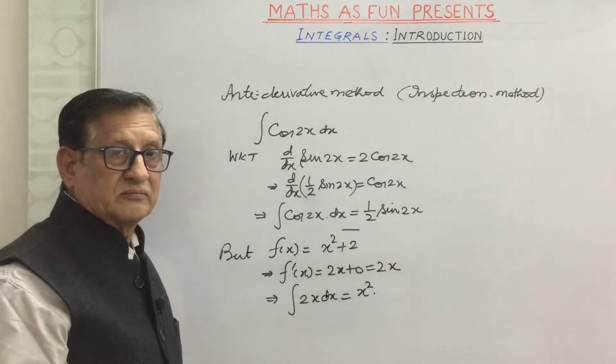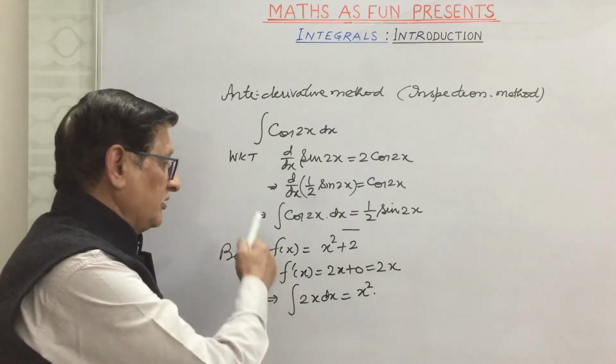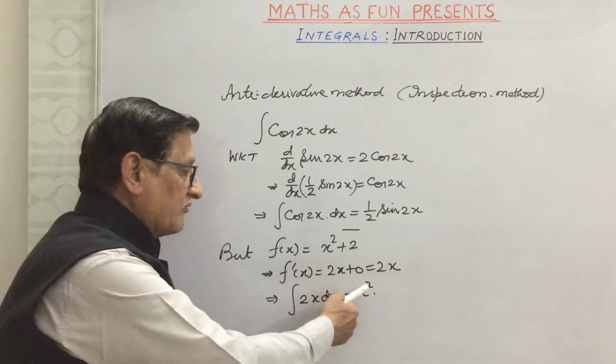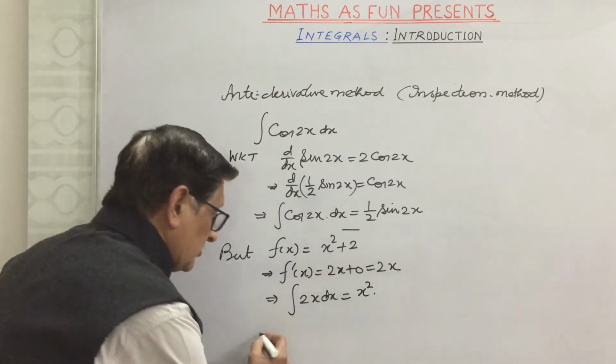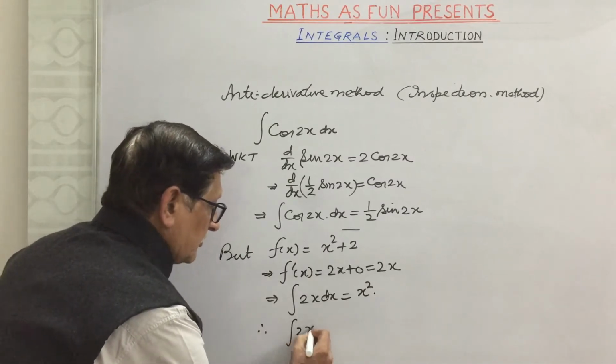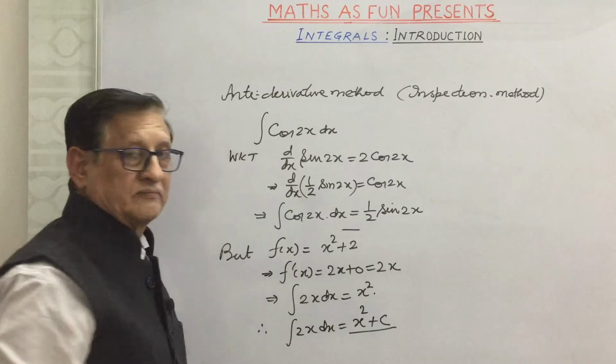So where has this 2 gone? Because the derivative of a constant is 0, that is why that particular part will not come in this. And this is the only reason that we write integration of 2x dx is x square plus c.